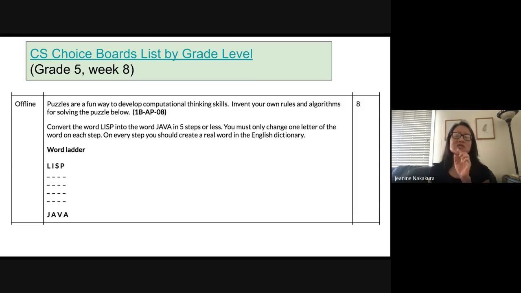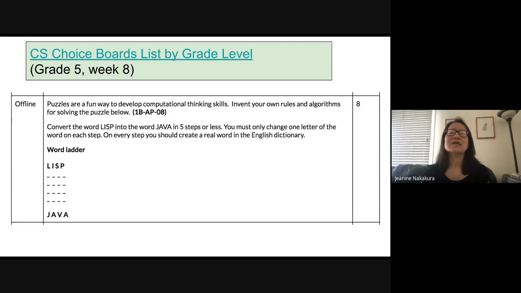And you must only change one letter of the word at each step. And it must be a real word in the English dictionary, okay? Because we have limited time, you can try solving it right now on your own. While you're trying to solve it, I'm going to put a hint into the chat, just in case.